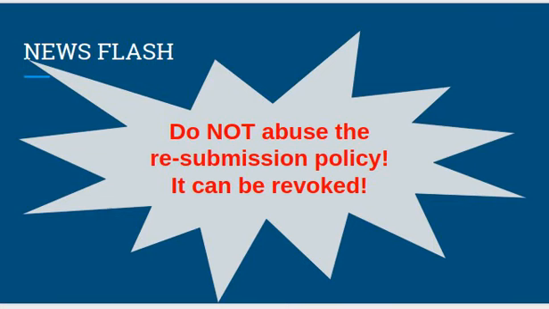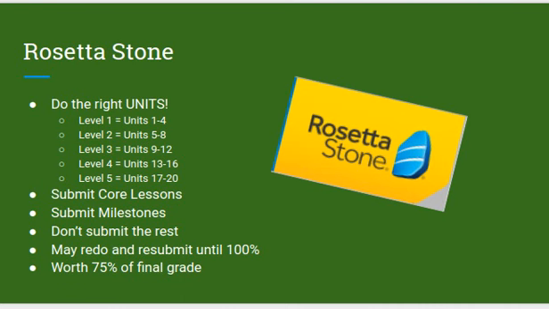So, something that's really important for you to remember is do not abuse the resubmission policy because it can be revoked. We'll talk about that in just a second. So, for Rosetta Stone, you need to do the right units for your level. There are different levels based on what year and semester you're in, and each level is associated with 4 different units.